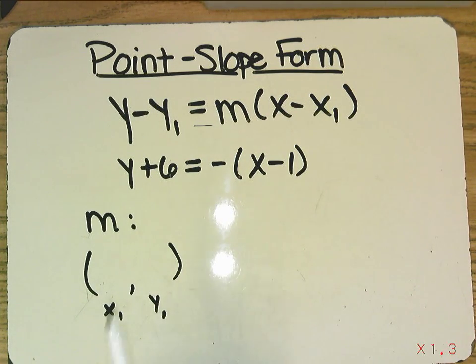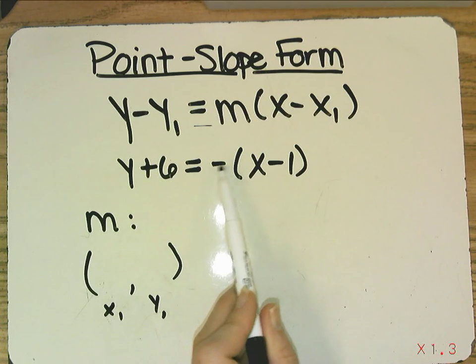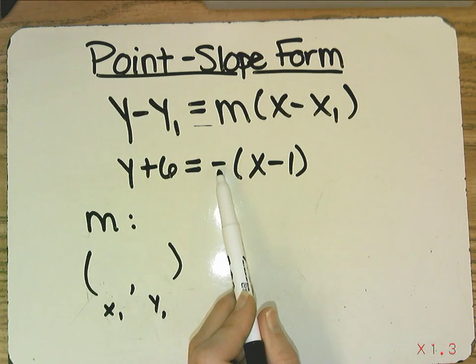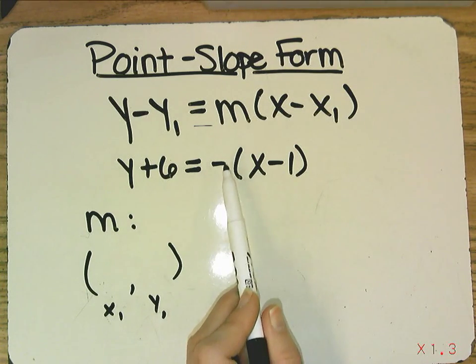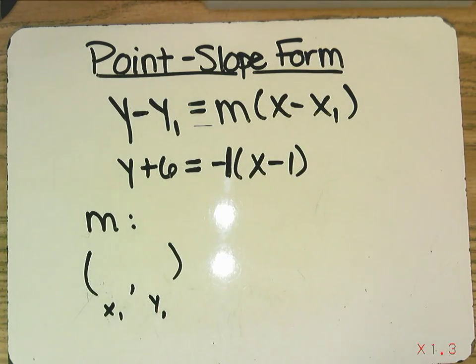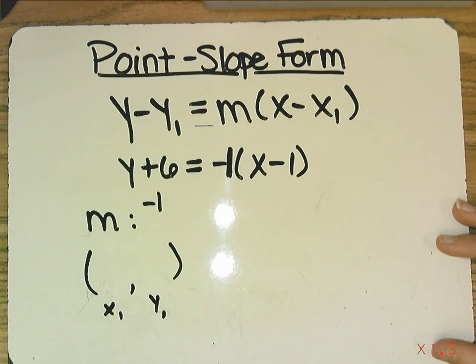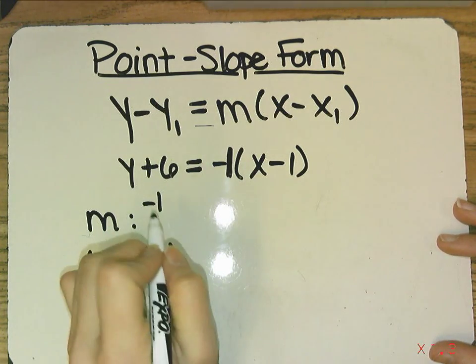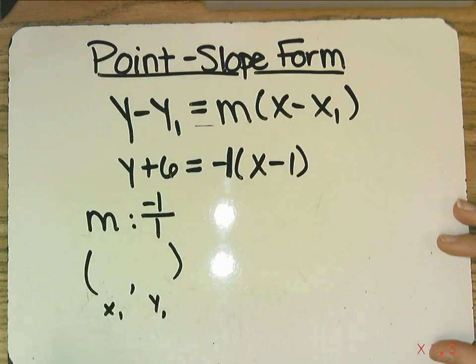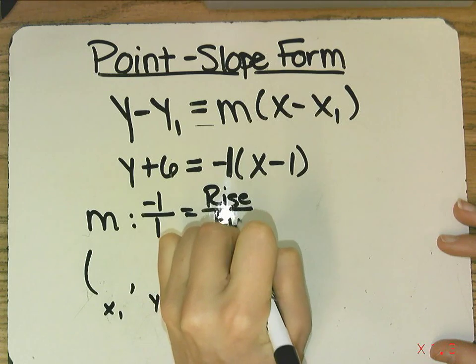So my slope, here, I don't have a number in place of m, I just have a minus sign. So there is a number here, they just didn't write it. It's negative 1. Anytime there's just a minus sign, it's negative 1. So my slope is negative 1, and I want to write it so that it's rise over run. So I'm going to write negative 1 over 1 for my rise over run.